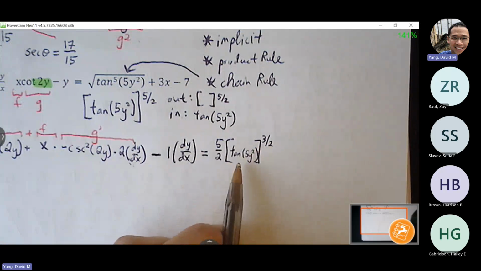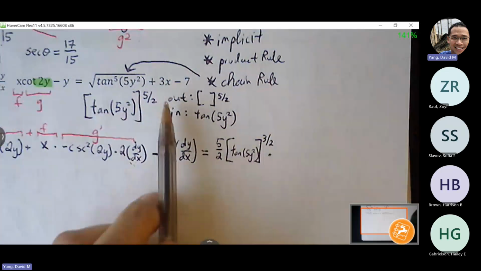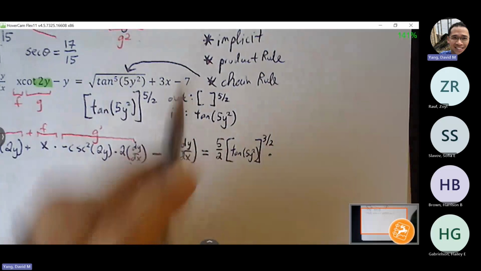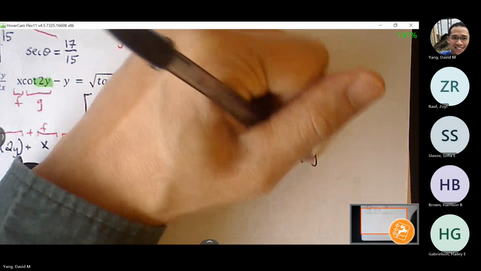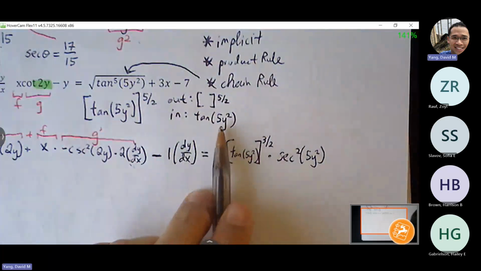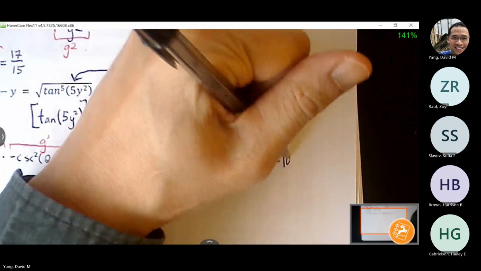That's power rule. We keep the inside the same. Multiply by the inside's derivative. Tangent of u becomes secant squared of u times u prime. 5y squared becomes 10y dy dx.